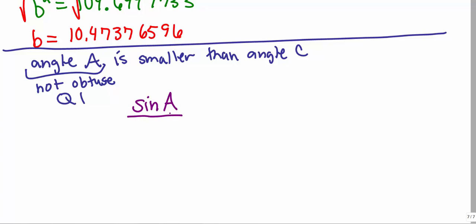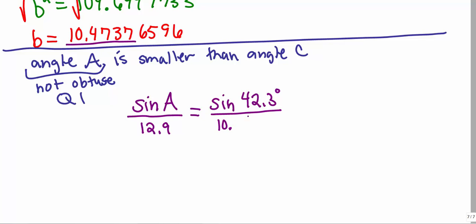We're going to write out our A fraction, so that's sine of angle A divided by side A, which was 12.9, equals, we don't know angle C, but we do know angle B, so we're going to use angle B here. Sine of angle B, which was 42.3 degrees, divided by side B, which we're going to use the unrounded version here.